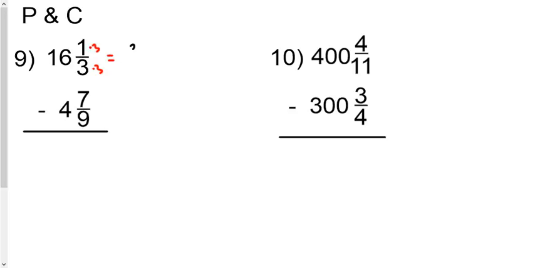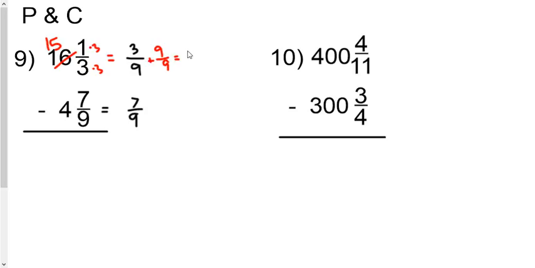So this is going to become 3/9, and that's when we see, oh look, we've got this issue here. Okay. So let's borrow from 16, and that becomes 15. And we'll make this 9 over 9, and we can just add that together.